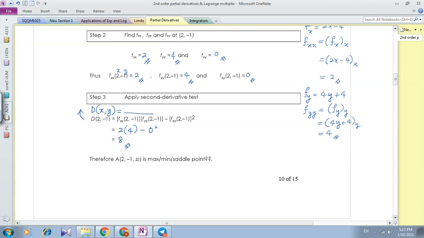Now the value of D is 8, which is greater than 0.